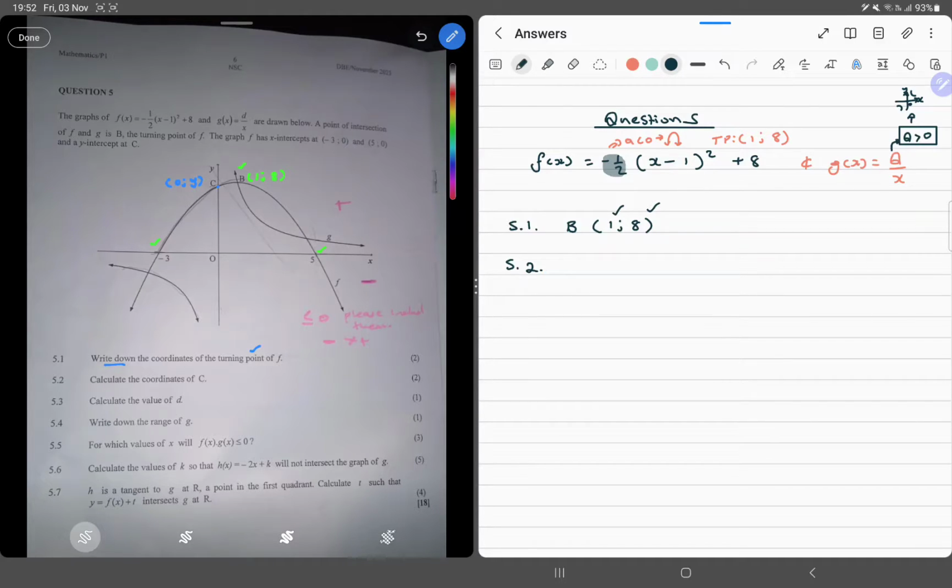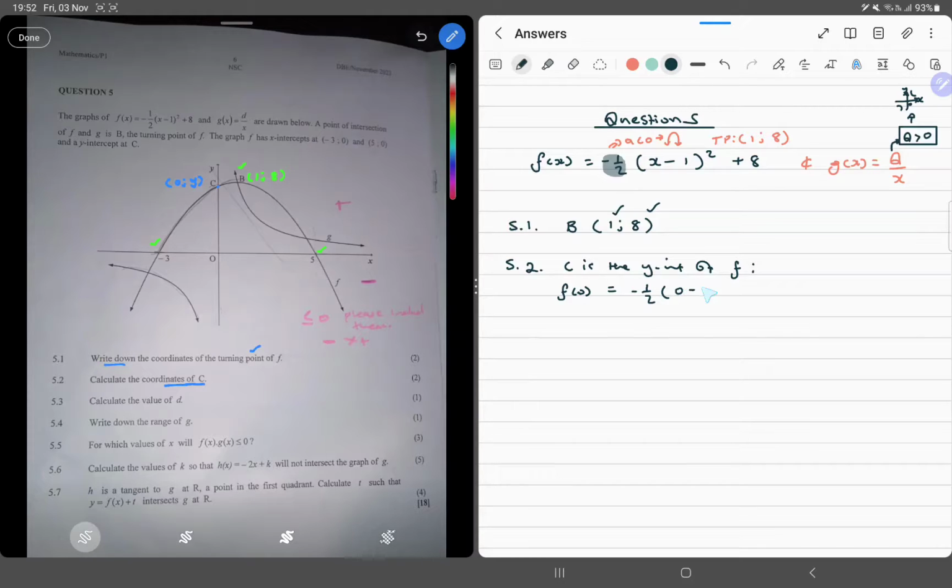5.2 says calculate the coordinates of c. Can you see? Now we're looking for the y-intercept. So we know that c is the y-intercept of f, such that now, where you see f, this is now going to be f of 0 is equal to minus a half.